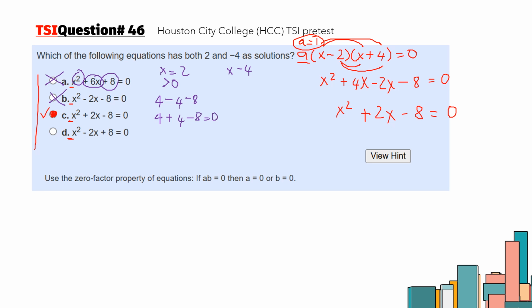Because it's true, we continue with x equal -4. We have -4 squared, that is 16, minus 2 times -4 is -8, minus 8, that is 0. So C is the right answer. But to make sure, we check D as well. You have 4 minus 4 plus 8, which is positive. So we stop right there and eliminate D.